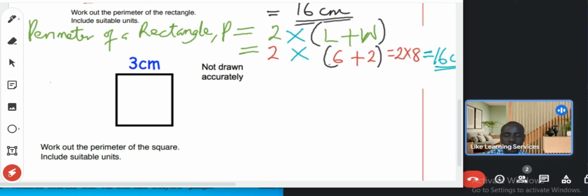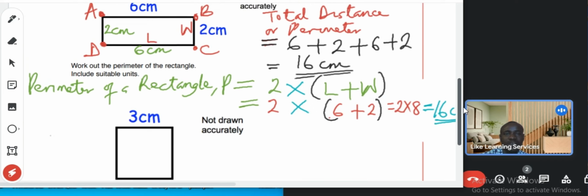Okay, so this is a square. What do you understand by a square? Can you tell me one thing you know about a square? It has 4 sides. A rectangle also has 4 sides. They are all called quadrilaterals.